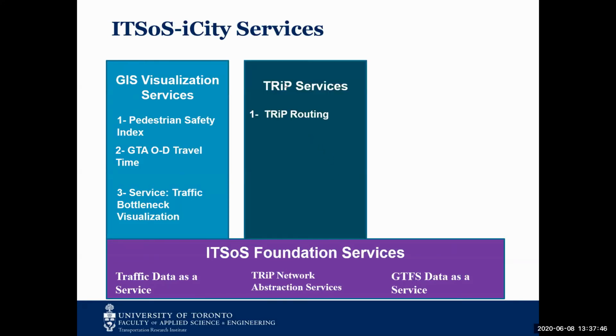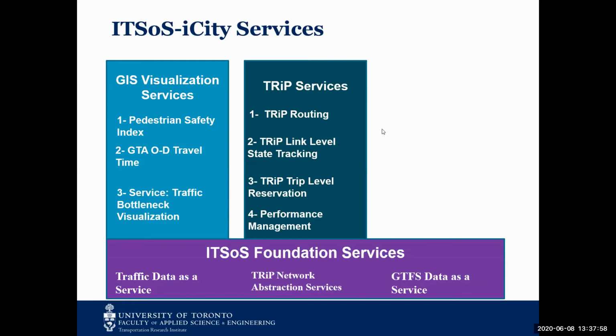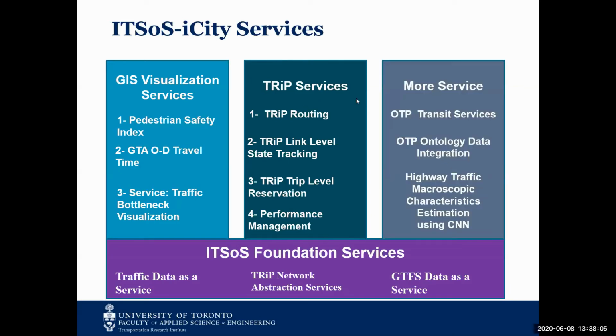Then the second pillar is the trip services, where multiple services have been introduced: trip routing, trip link and level state tracking, and trip level reservation. Performance management has been built as a service within the trip services as well. And the third pillar has different services related to the ATIS.